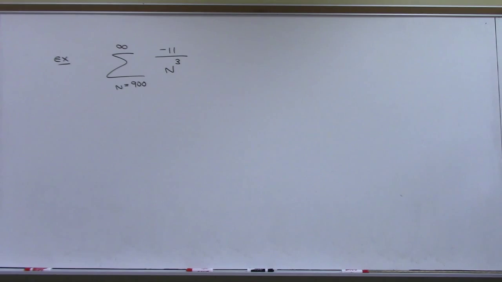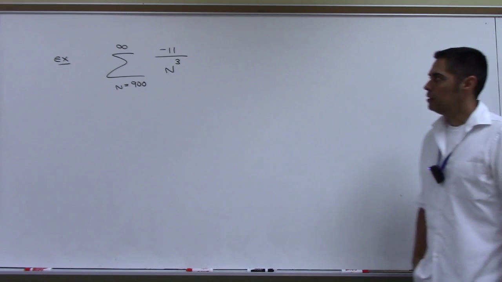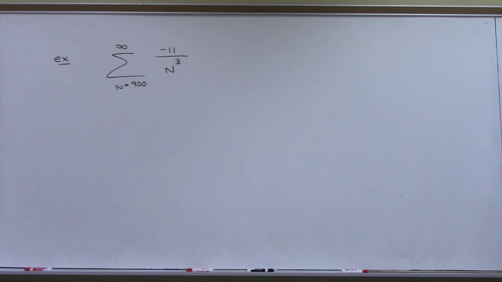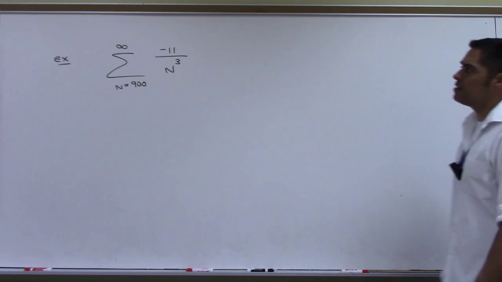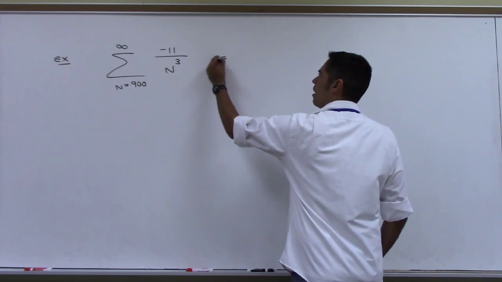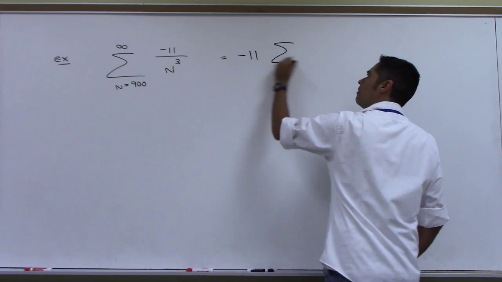What do you think? Think it's a convergent p-series? Yeah? Does the fact that it's negative 11 up there bother you at all? No. Okay. Because you could probably just take that negative 11 out, right?